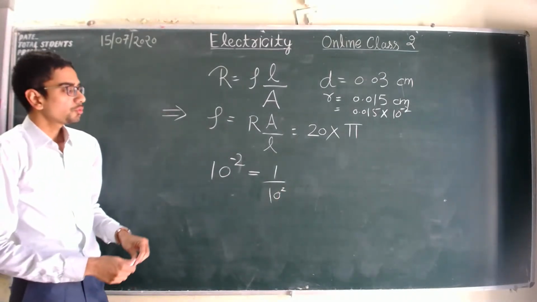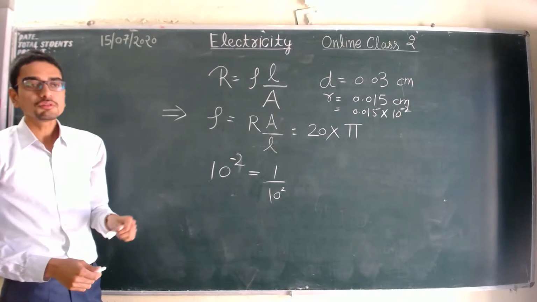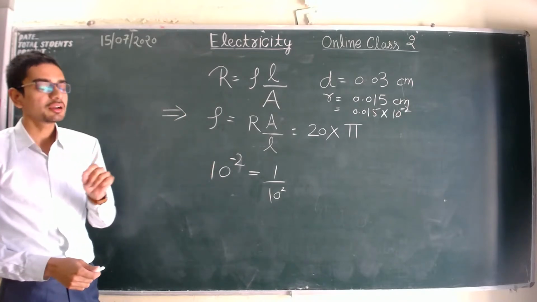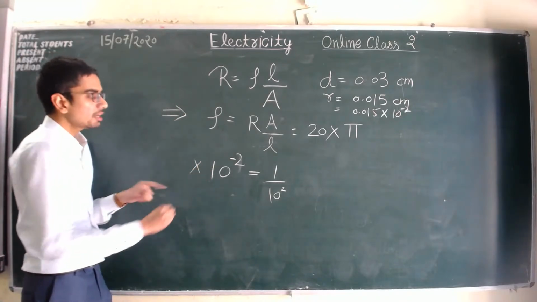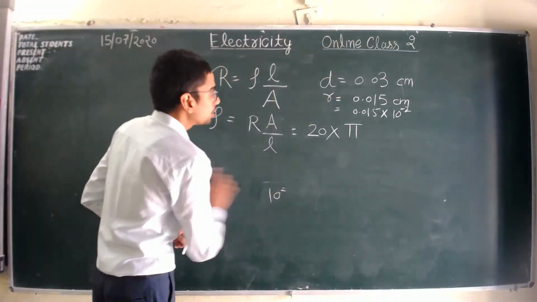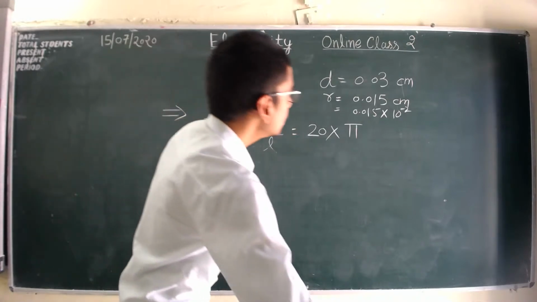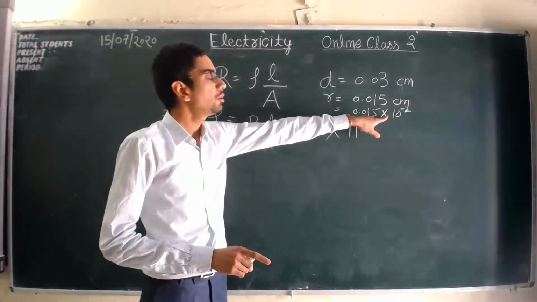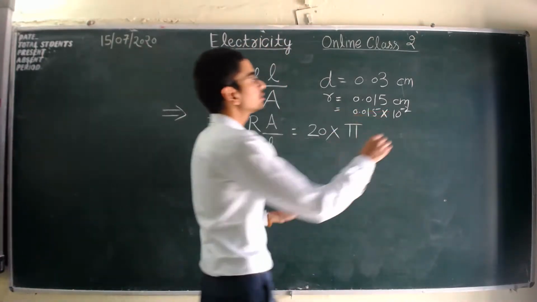So when you convert centimeter into meter, you divide by 100, it means you multiply by 10 raised to power minus 2. So the value of R will be 0.015 into 10 raised to power minus 2 meters.